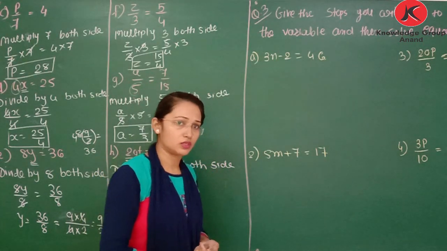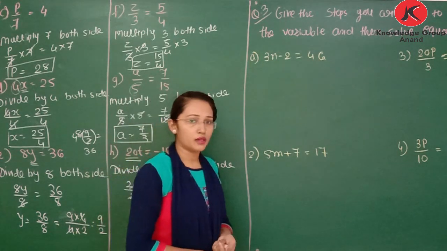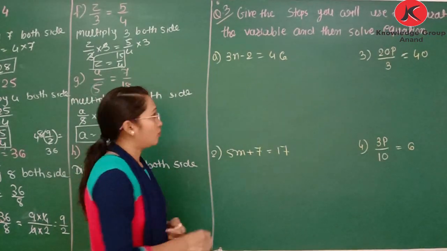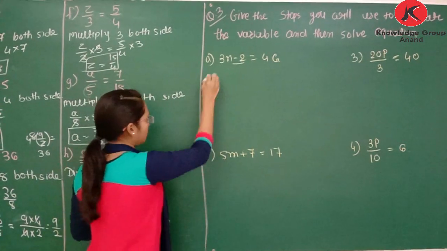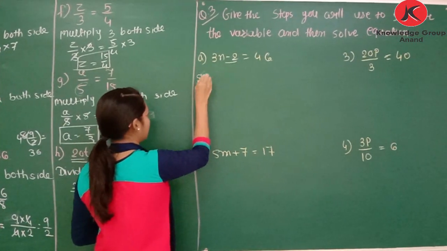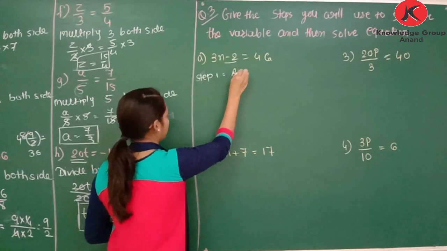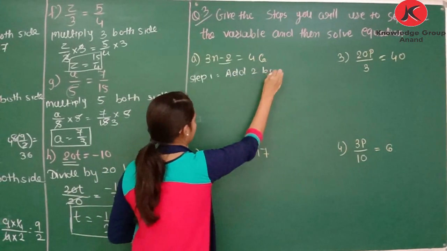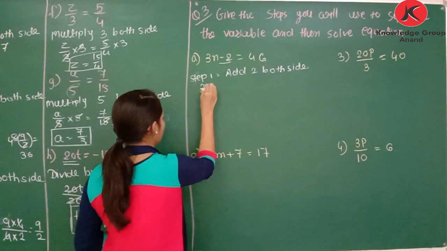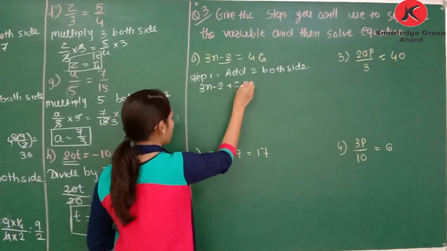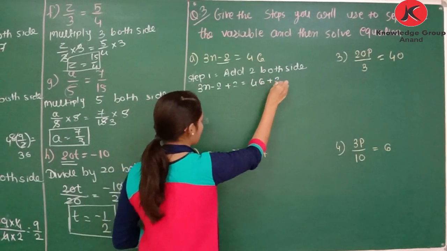Then you can perform the multiplication and division. So here minus 2 is there. To remove this minus 2 we need to add 2 to both sides. So step 1, you will get 3n minus 2 plus 2 is equal to 46 plus 2.